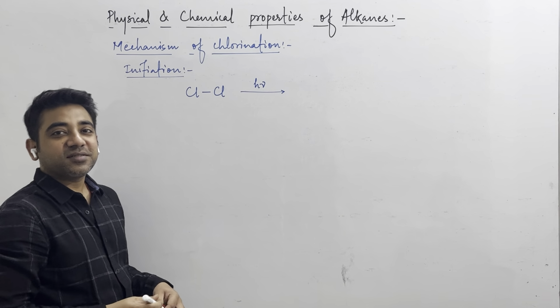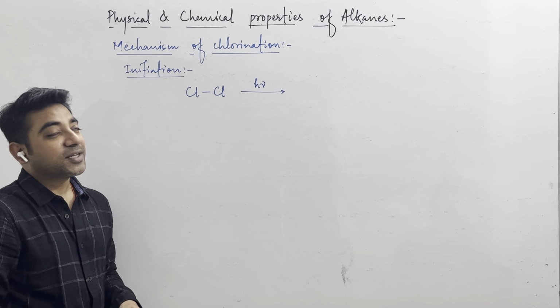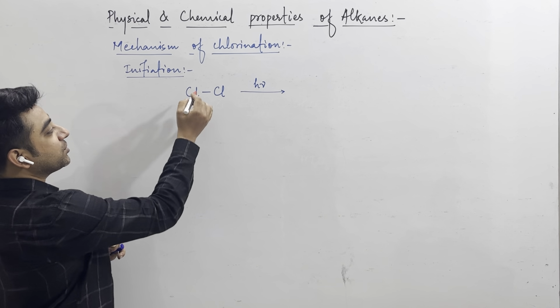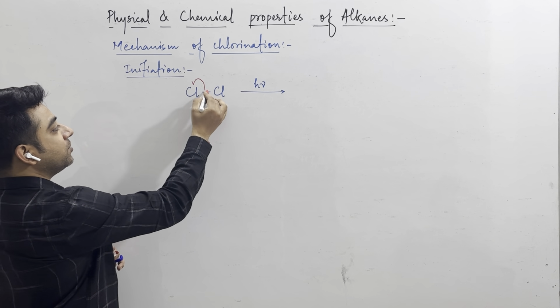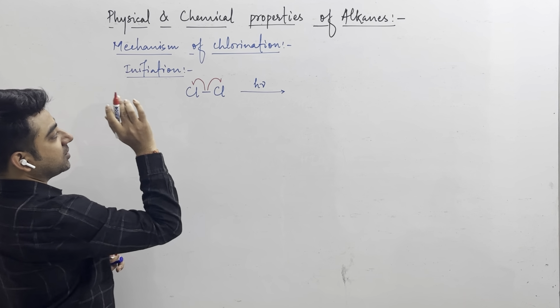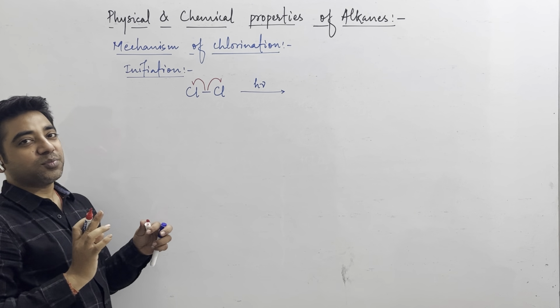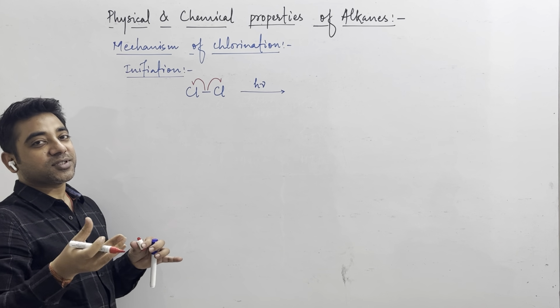So chlorine in presence of sunlight undergoes homolytic fission. Now homolytic fission, children, you need to know here that in homolytic fission, they take away their shared electron. You know very well that in this covalent bond, each of the chlorine atoms has contributed one electron each.